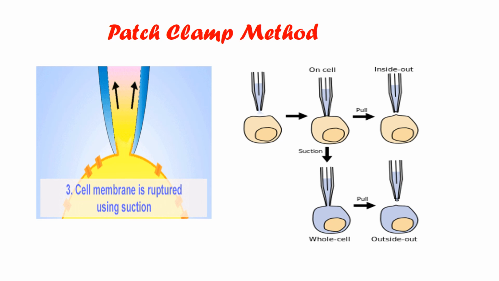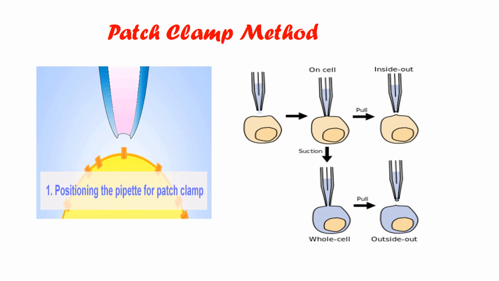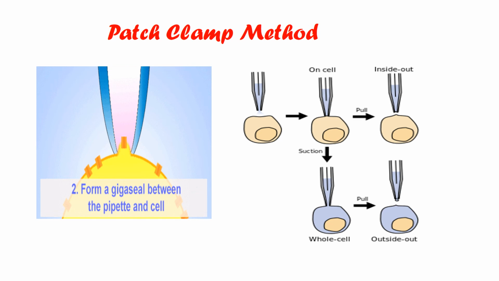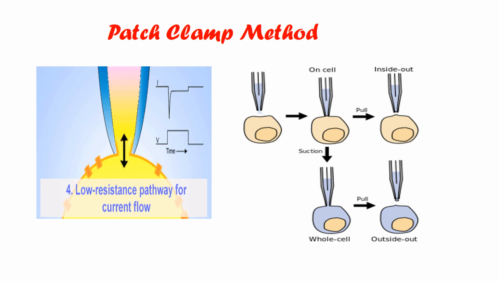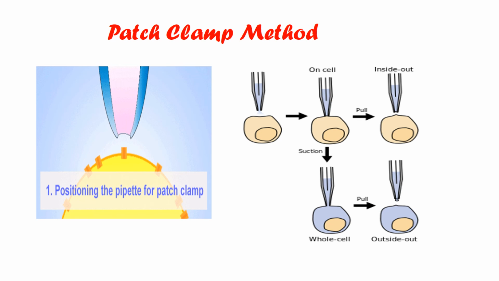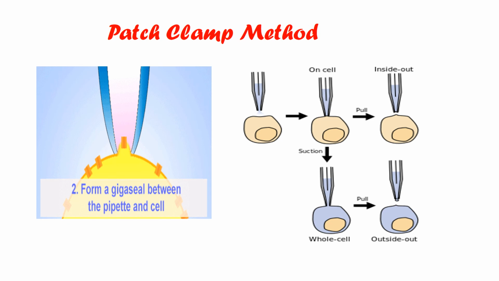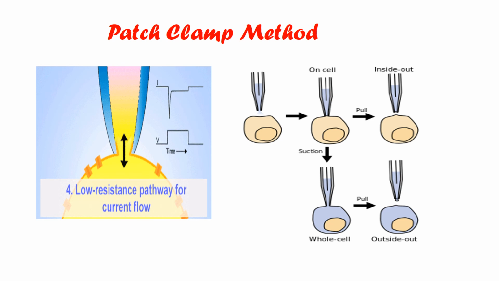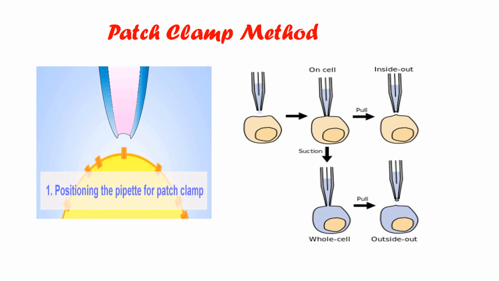So what will happen? A tight seal will be created along with an ion channel. Usually it is one ion channel which is present in this patch. So when we have this ion channel, the seal is formed, so there will be no movement of the extracellular and the intracellular fluid between the two.